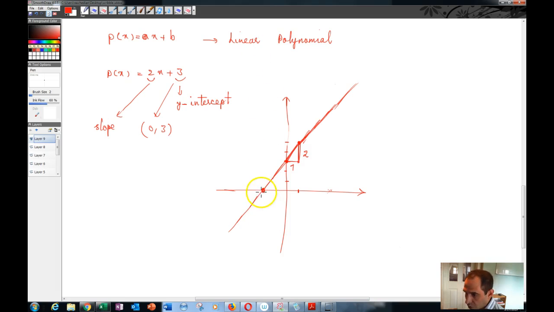So now you got only one point over here, and that is called the x-intercept. The x-intercept of the point is basically the zero of the polynomial.